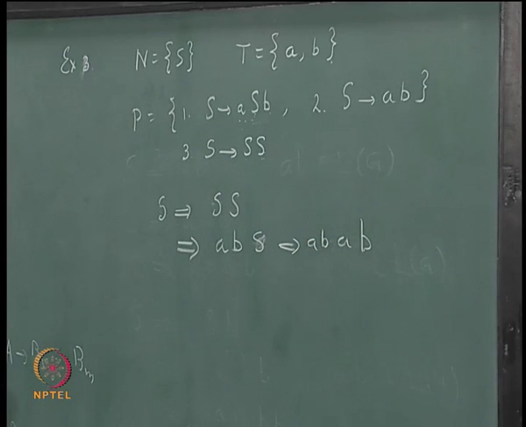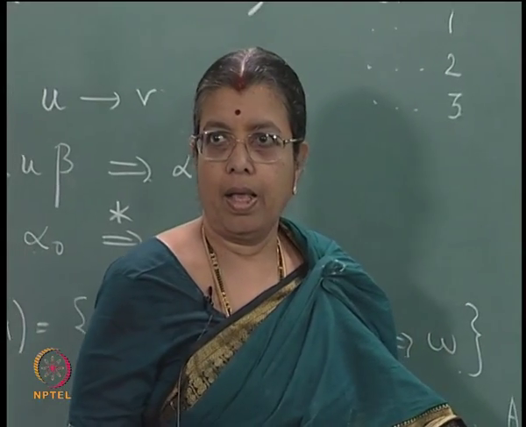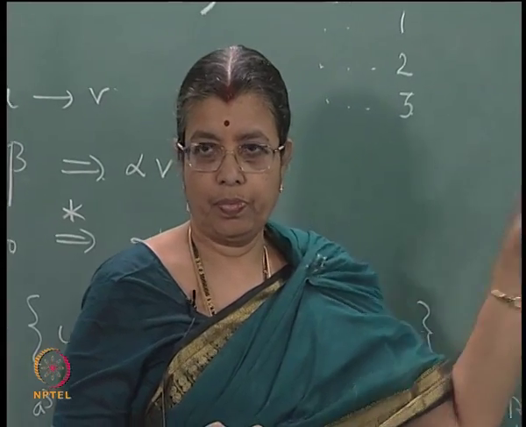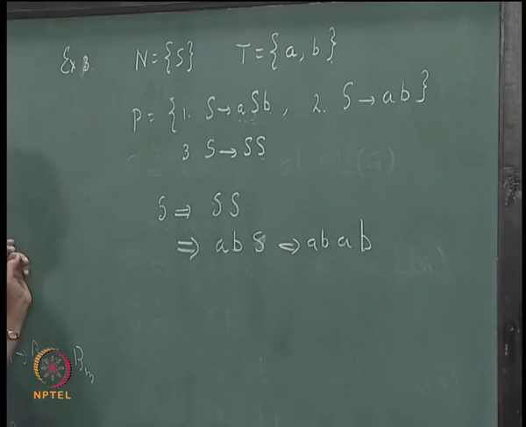So, ABAB can be derived, which cannot be derived with the first two rules alone. Similarly, ABABAB can be derived, 4 ABs can be derived and so on.